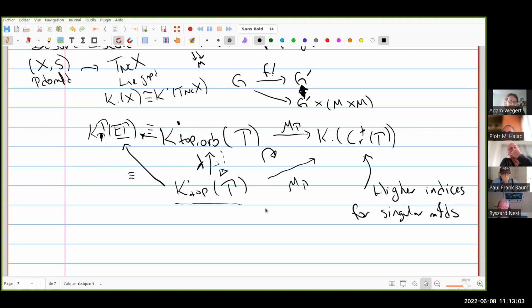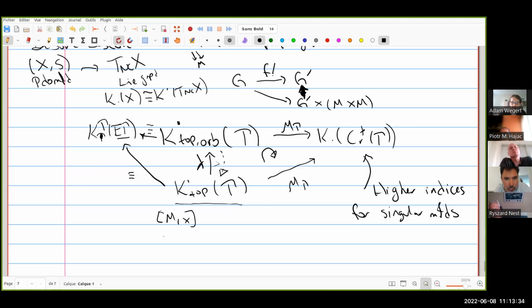Sorry, can I ask the same question, but let me be somehow more precise. What is not obvious is that there is an isomorphism, but is it obvious that there is some natural map at least? Oh yeah, the map is obvious, yes, but essentially it comes from the duality, the Poincaré duality for proper actions.